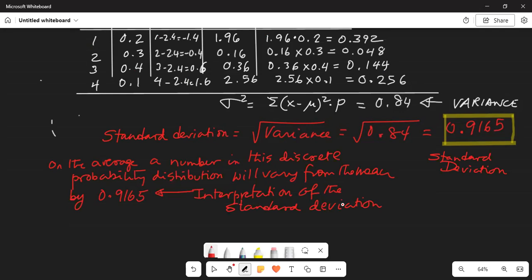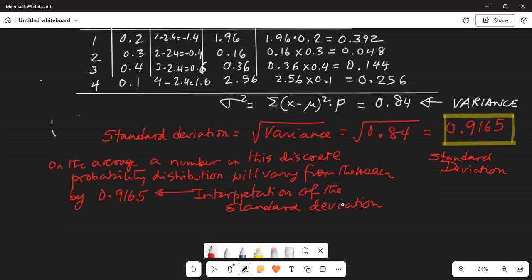Now to get the variance, you have to subtract the mean from each value of the discrete variable to get the deviation of each number from the mean, and square it first. Then multiply the square by the corresponding probability, and add up all these products. The sum will give you the variance, which is the square of the standard deviation.